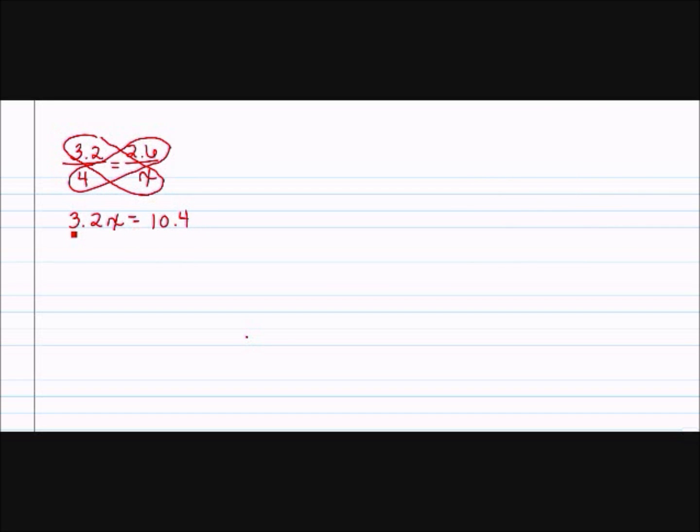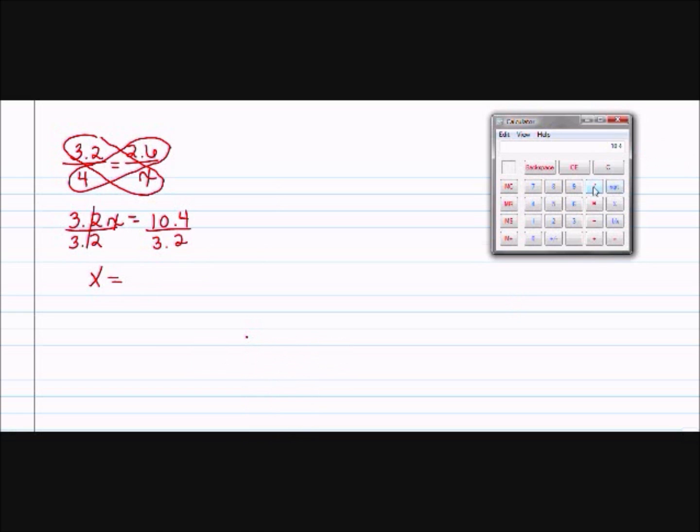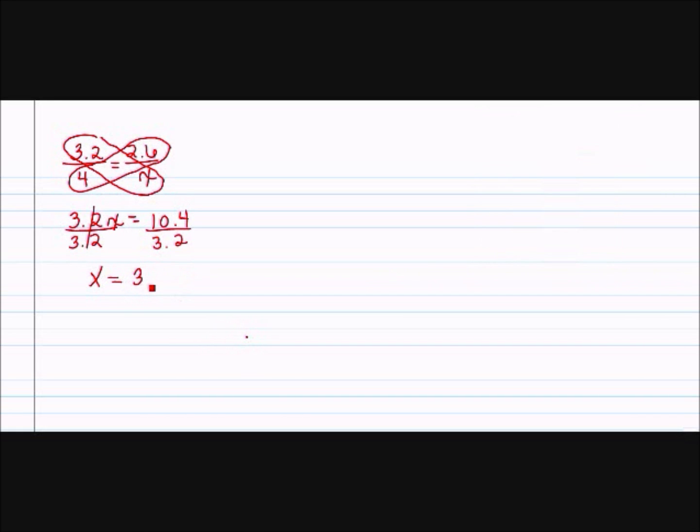I need to solve for x, so I'm going to divide both sides by 3.2. That equals 1, leaving me with x equals, 10.4 divided by 3.2 is 3 1/4, or 3 25/100. Very good.